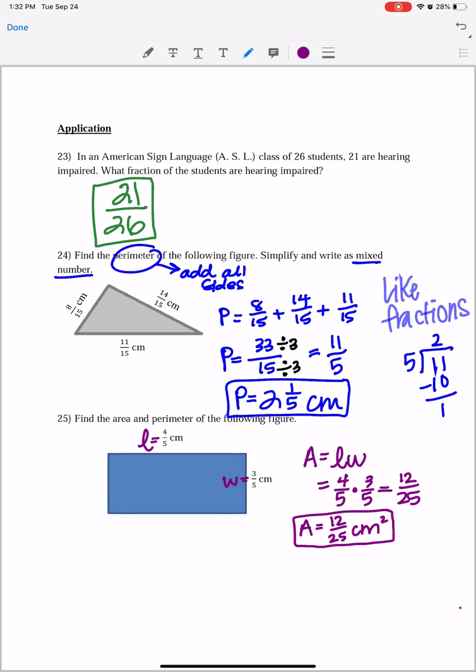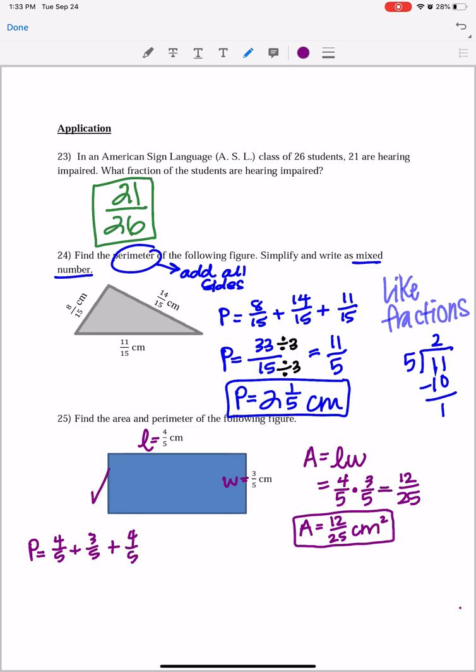And again, you do want to see, does this reduce? But because I couldn't cross reduce, I know it doesn't reduce. And then for perimeter, add up all your sides. So 4/5 plus 3/5. So that's this one and this one. Don't forget that this one is also 4/5.